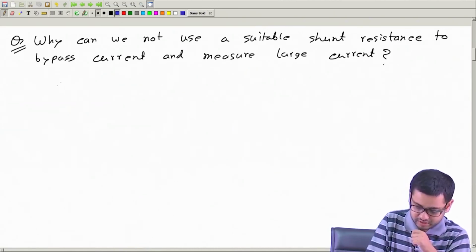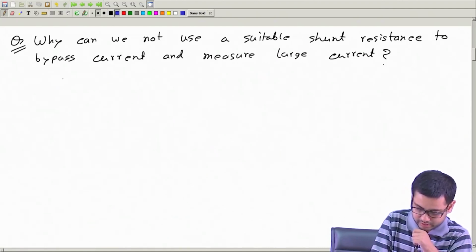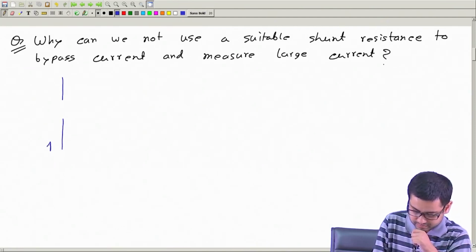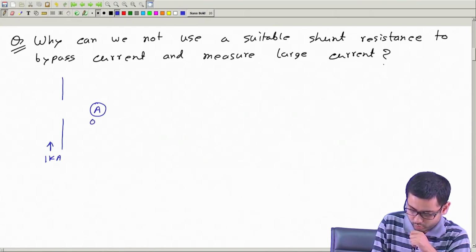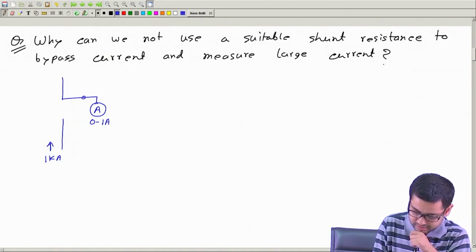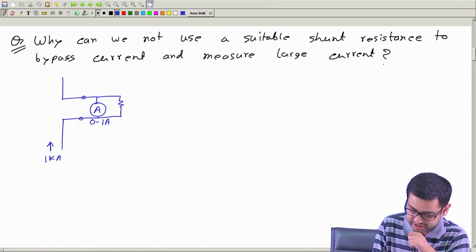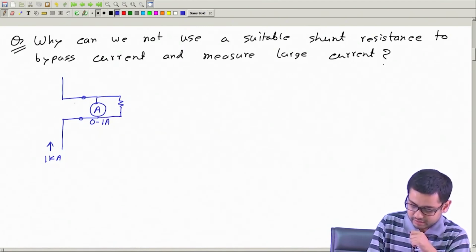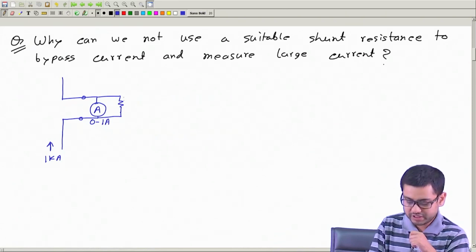So, if I want to measure a huge current like this one, around 1 kiloampere, what I can do is connect an ammeter whose range is 0 to 1 ampere to this, and we put a suitable shunt resistance, a small resistance, such that most of the current gets bypassed through this shunt resistance.